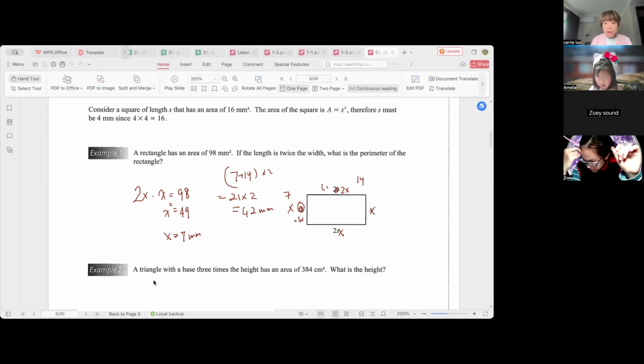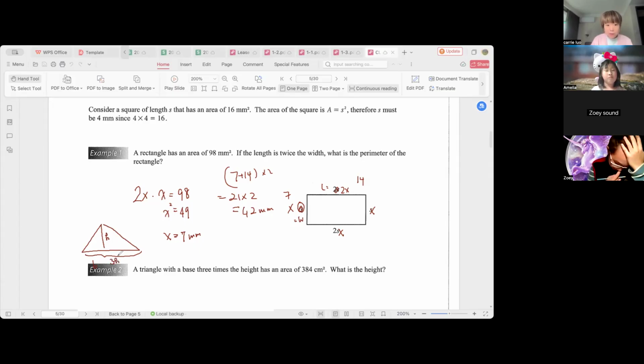So let's take a look at this one. A triangle with a base 3 times the height. So I'm going to draw a triangle first, right? And this is the height, and this is the base. So the base is 3 times the height. If I say the height is h, the base will be 3h, correct? So 3h times h divided by 2 should equal 384, correct? Okay, so now we have 3h squared equals what? 768, correct?